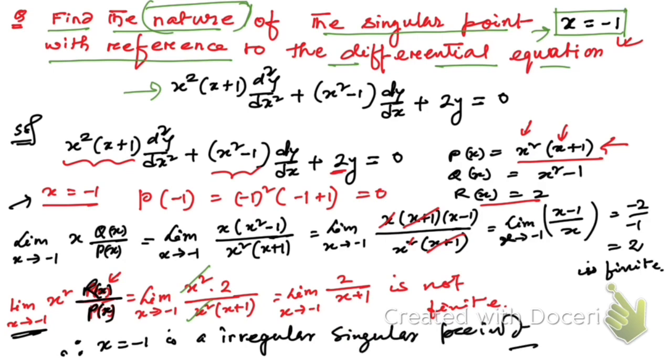So this is the answer, okay? So this is an irregular singular point. That is what was asked in this question. This is the nature of this point. So hope you have understood.